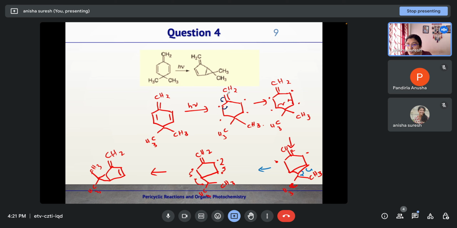That is why it is not combining at this instant, and these two radicals are getting combined. Okay. Is the mechanism clear?